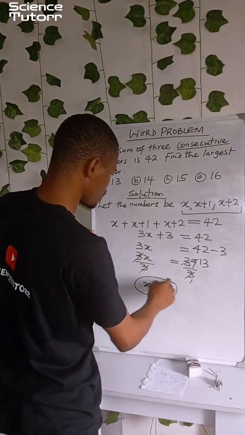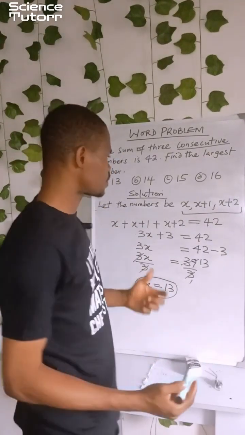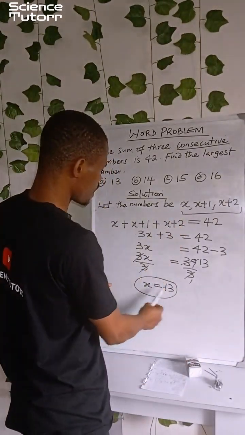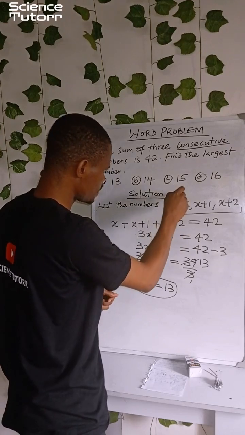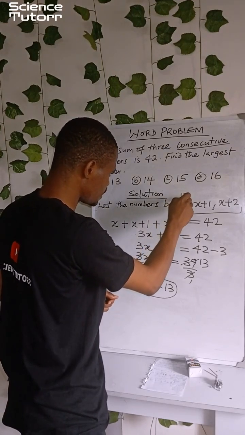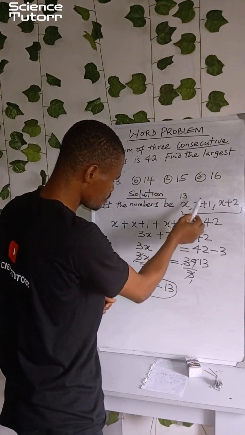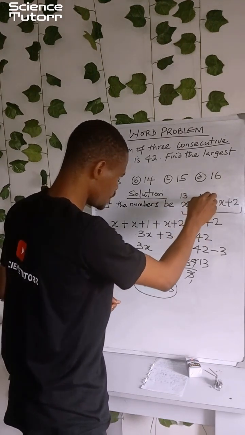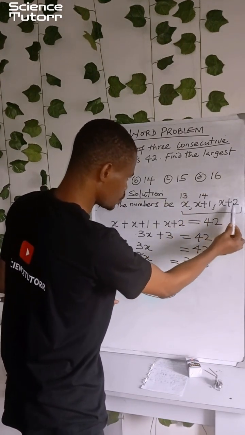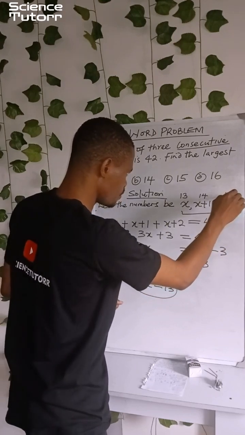Now we have established x to be 13. What does it mean? If I replace x with 13, the numbers will be 13, 13 plus 1 is 14, and 13 plus 2 gives me 15.